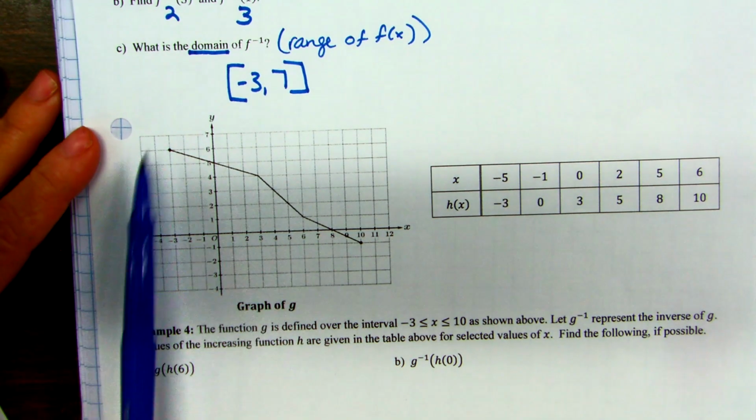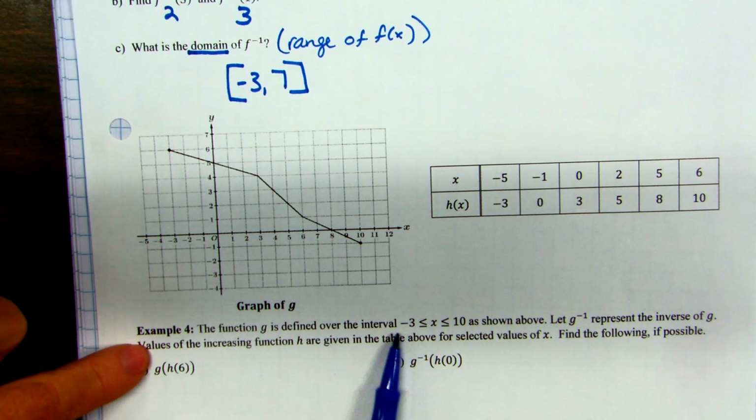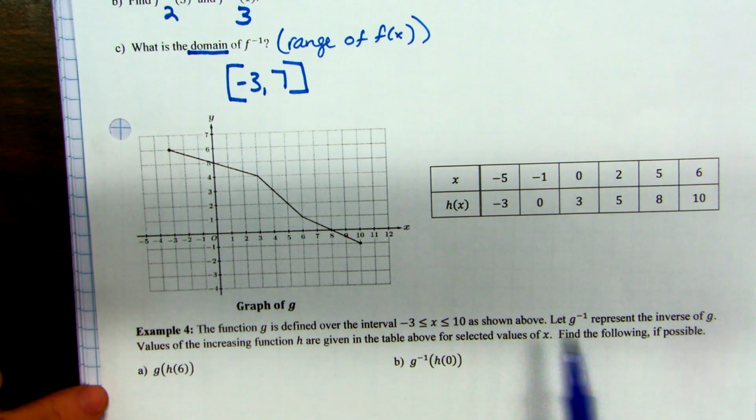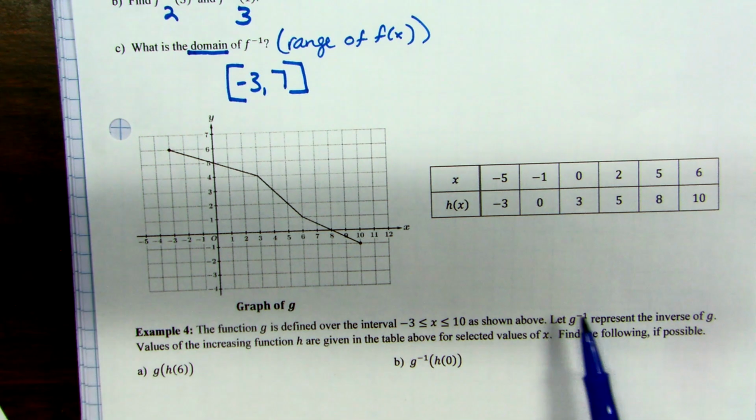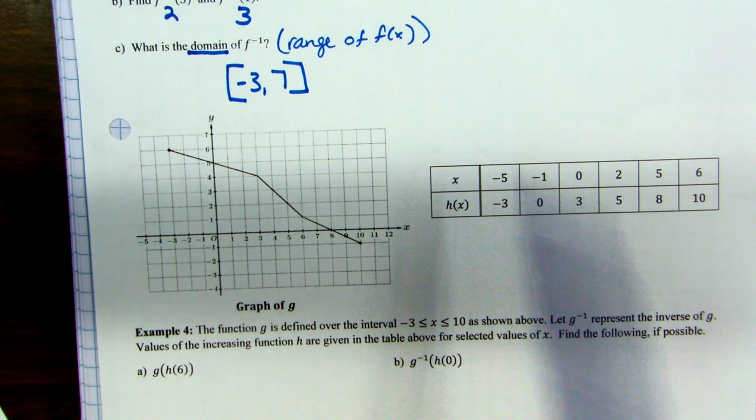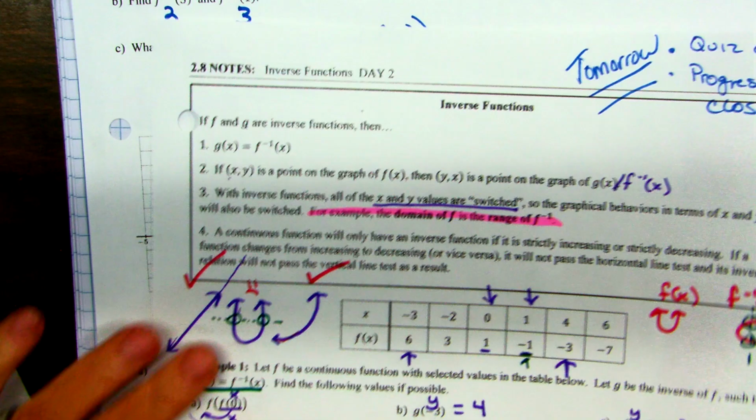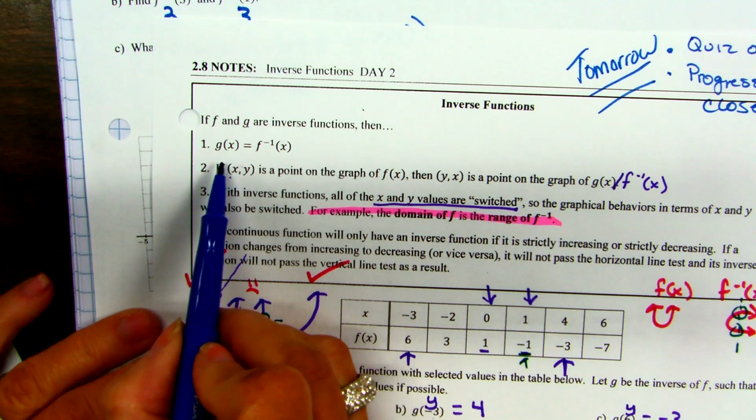Function g, so here's a graph of g from negative 3 to 10. And then, of course, there's going to be an inverse of g. Now, they're calling it g to the negative 1, so that's regular notation. And then we have h of x, and I'm sure we might get thrown some inverses of h of x. So what I'm getting at, guys, is way at the beginning of the lesson, I talked about let g of x be the inverse of f of x.